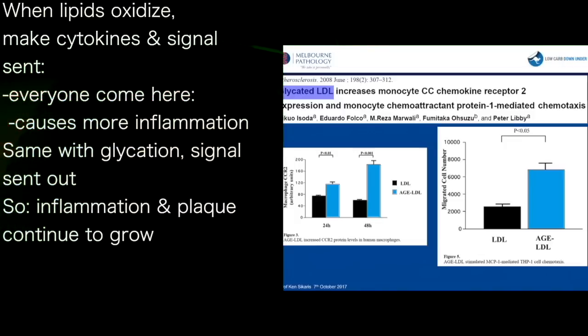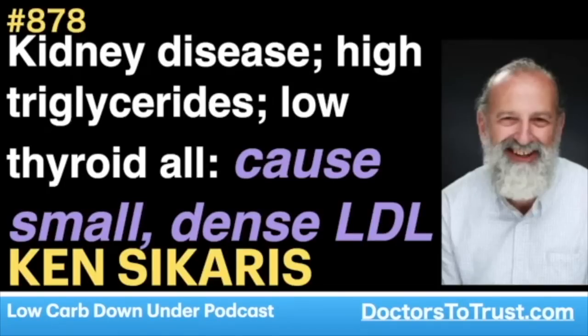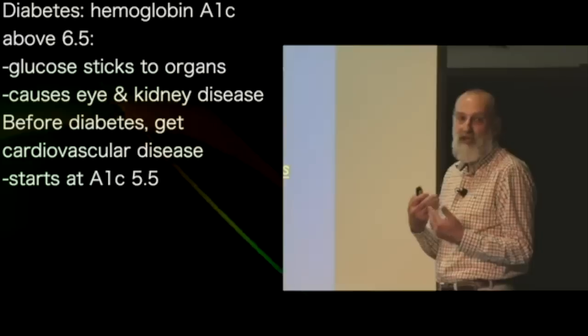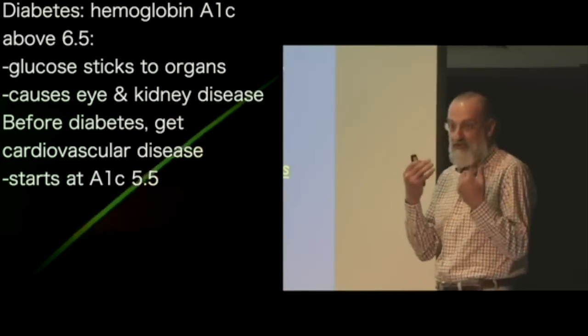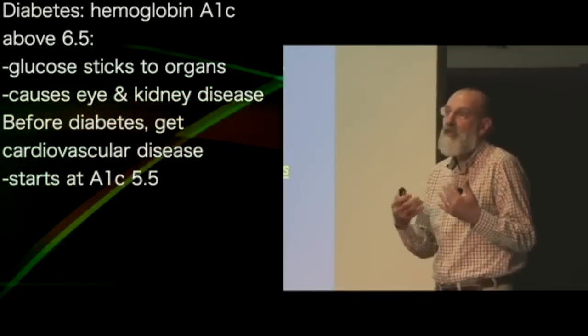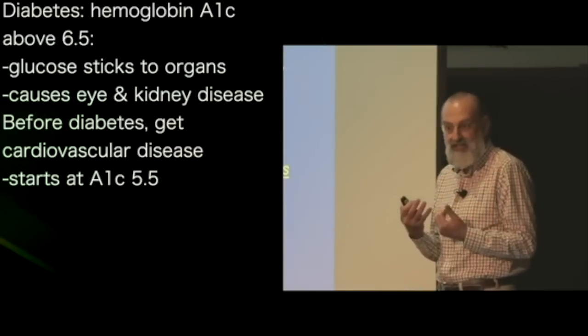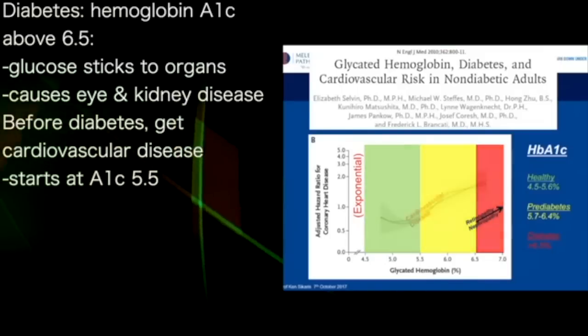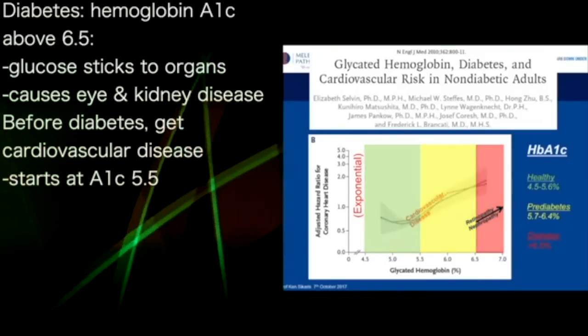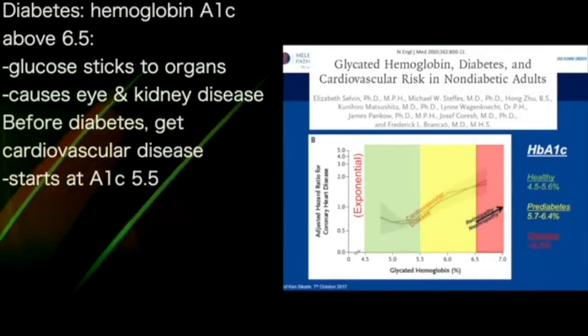Now diabetes is defined as diabetes because once you get a hemoglobin A1C above 6.5%, the glucose sticks to organs in the body like the kidney and the eyes, and you get eye disease and kidney disease. But before you get diabetes, there's another problem that starts off, which is cardiovascular disease. That starts not at 6.5, but at 5.5.